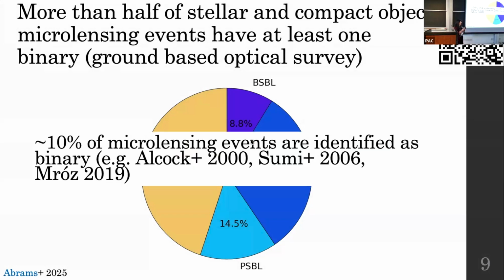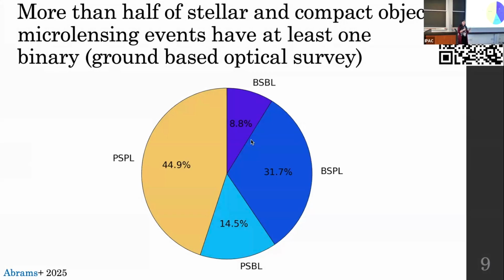And this is very different from the approximately 10% of microlensing events that are identified as binary. So we went back and simulated a set of light curves with OGLE-like cadence and noise from these simulated parameters, and fit them with single source, single lens microlensing events.